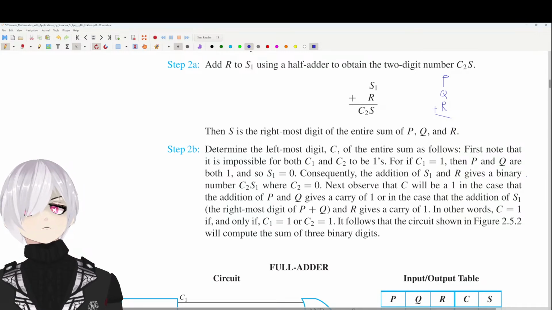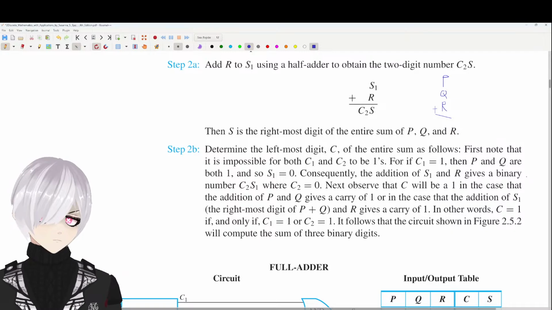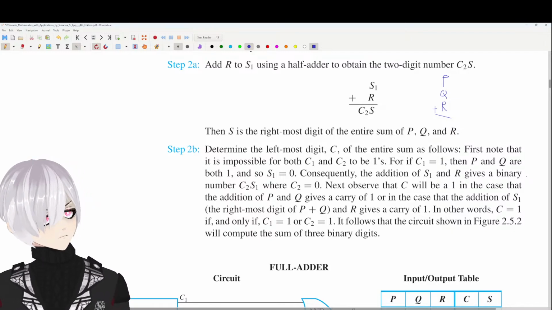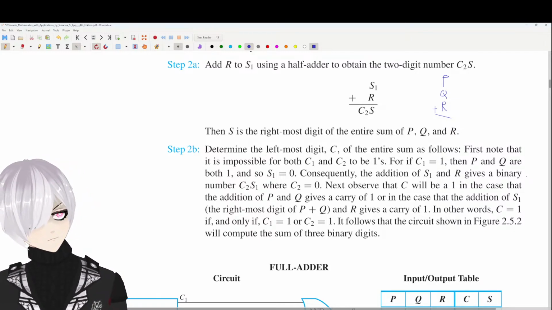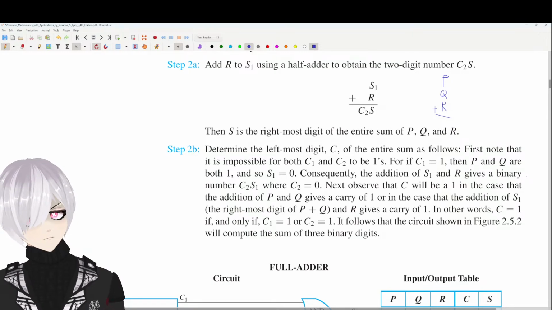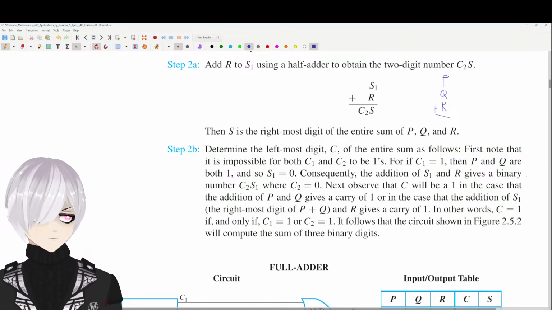So C1 and S1 can't both be 1. Yeah, exactly, they just proved that. And then consequently, the addition of S1 and R gives us a binary number, which they call C2 S, where C2 equals 0.